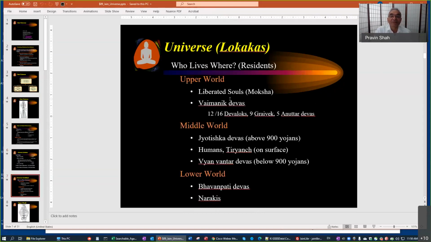In the upper world, liberated souls live, and then the Vaimanik Dev. All 3 categories of Dev on the top, which are the Devloks, Greiveks, and Anuttar, are all called Vaimanik Devs. Anuttar Viman is the most spiritually advanced, pious Dev.